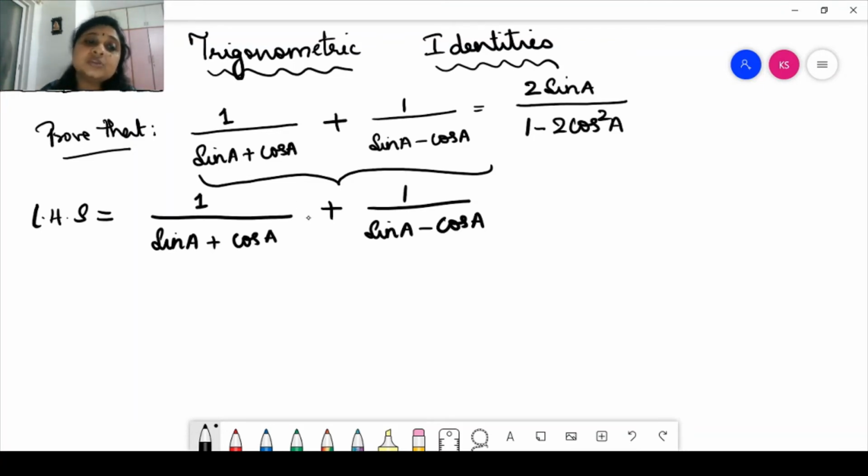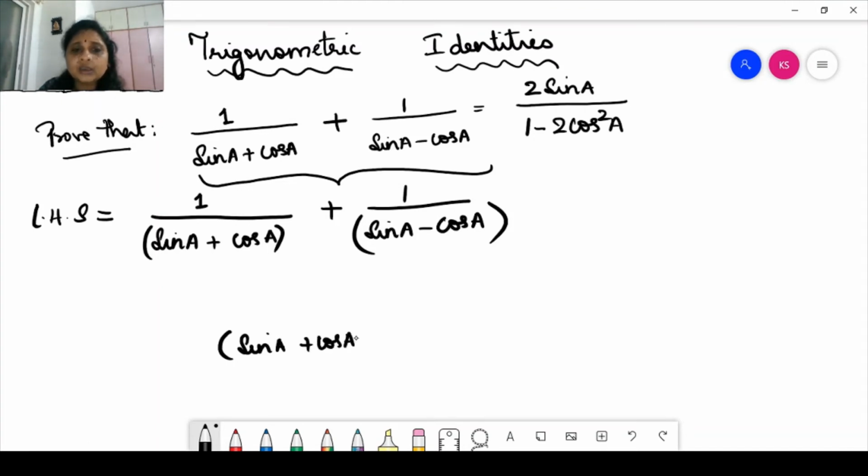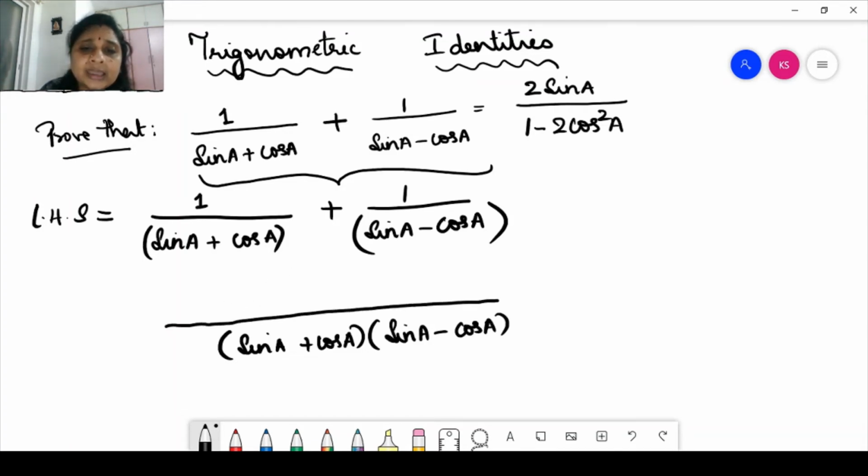So what is going to be your LCM? It's going to be the product of the terms in the denominator. So it's sine A plus cos A into sine A minus cos A.